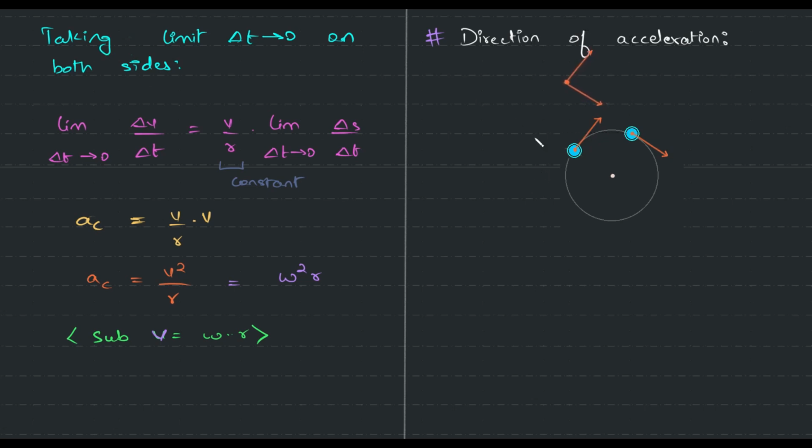So this is your vector and those are your radius. This is your resulting change in velocity. So this has to be your direction of acceleration.